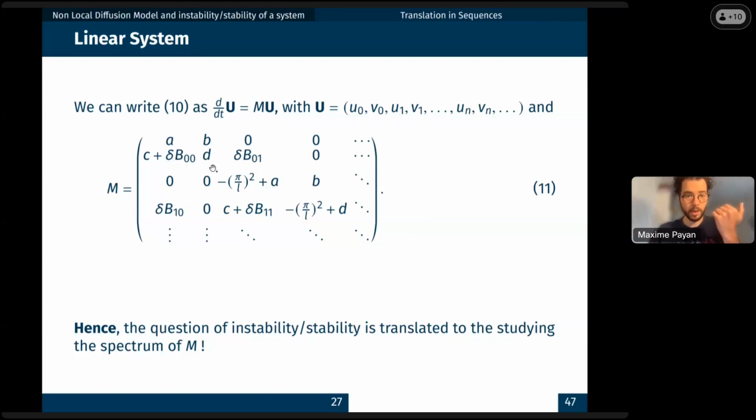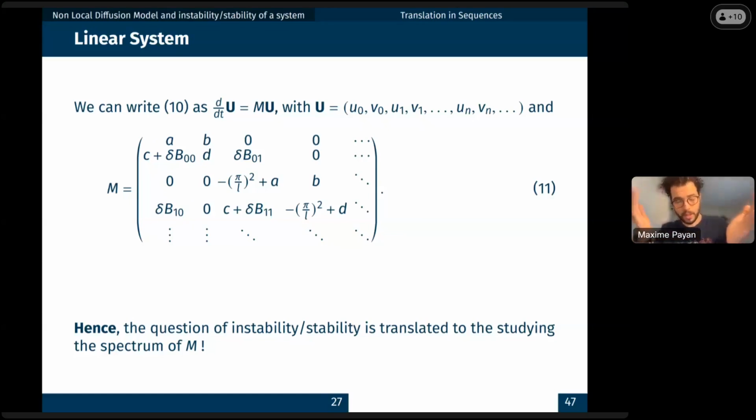And M is this operator, in 2 by 2 blocks. We have the second derivative in cosines appearing on the diagonal, and there are those B terms, which are these non-local things. There are infinitely many of them, so be careful. Then the question of stability and instability is translated into studying the spectrum of M.